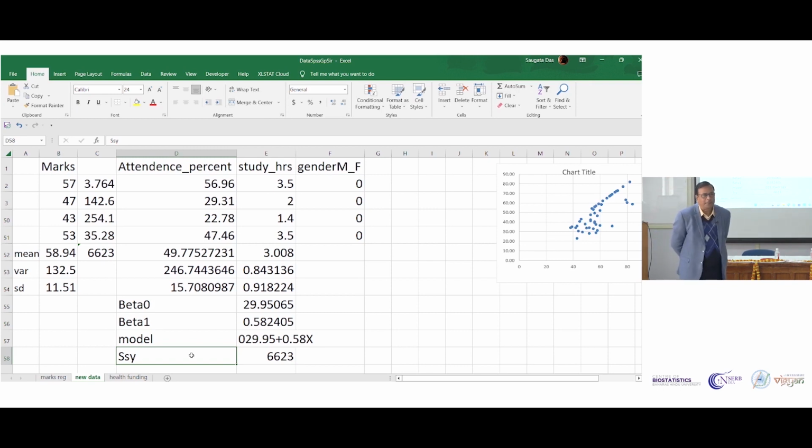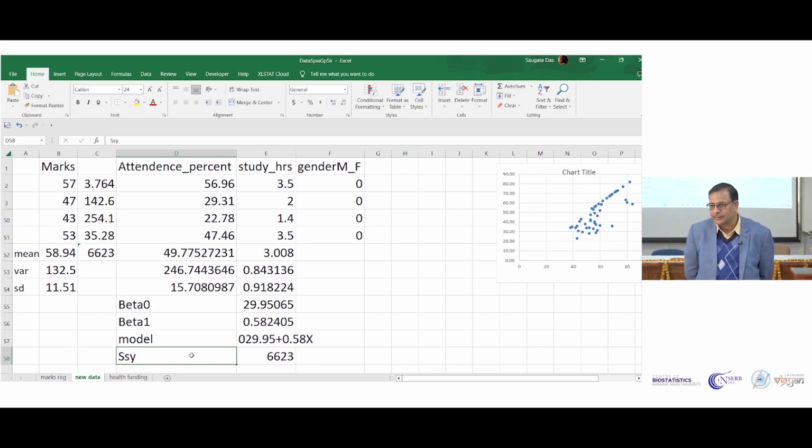क्या हुआ? दिक्कत हो रही है? Actually, why I'm doing like this? Once you learn this, then you can understand the output easily from the SPSS. What is the problem? I forgot to put the dollar. Put a dollar sign.